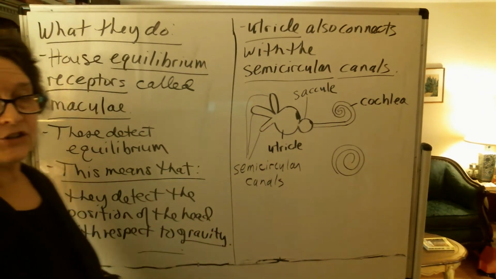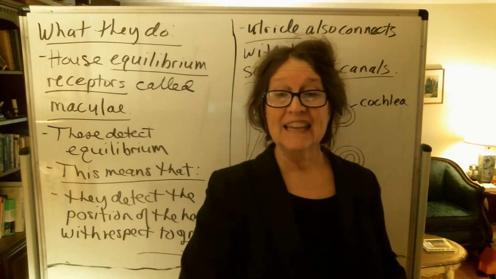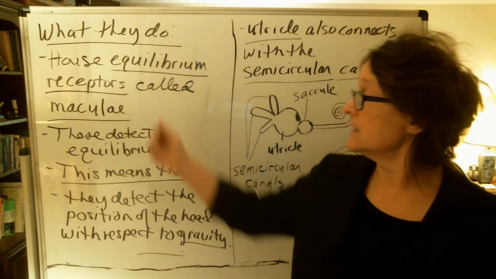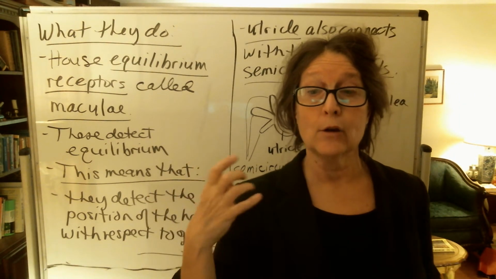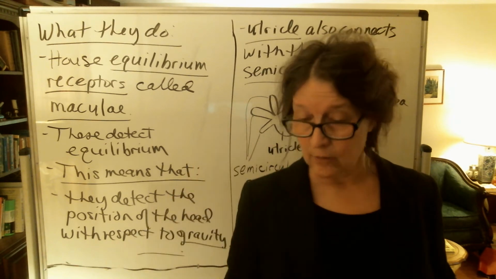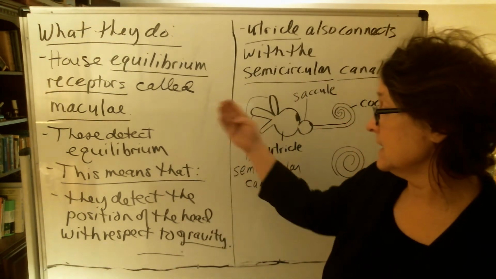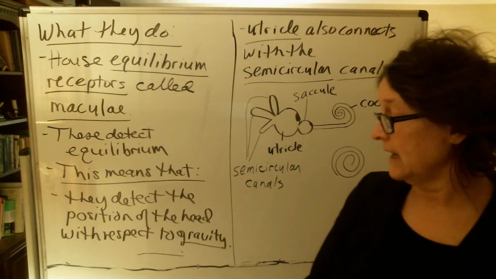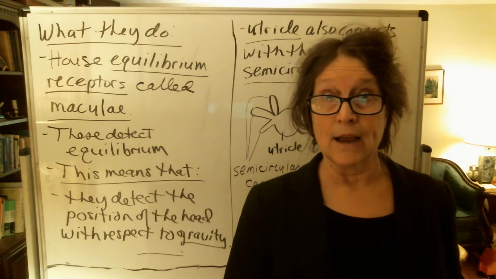What did I just say? What I am basically telling you is that these receptors here, these maculae, they tell you where down is. Specifically, they tell you where down is with relation to your head. So, as I said, they detect the position of the head with respect to gravity, that is to say, where down is.